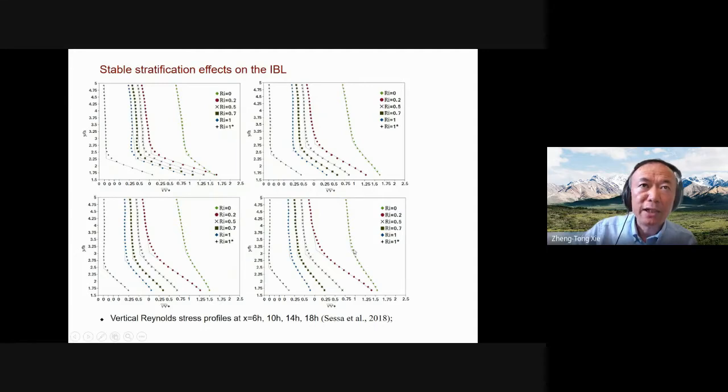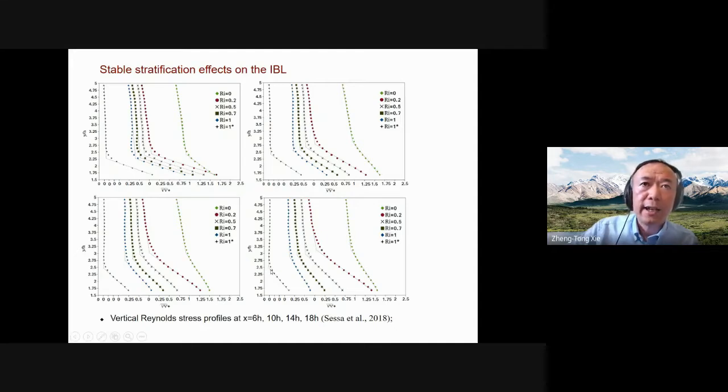And then if you increase the stratification, giving the incoming turbulence still the same as for the Richardson number 0.2, you can still see an evident change of the internal boundary layer height, going down here, right? So these four use the same inlet turbulence conditions.